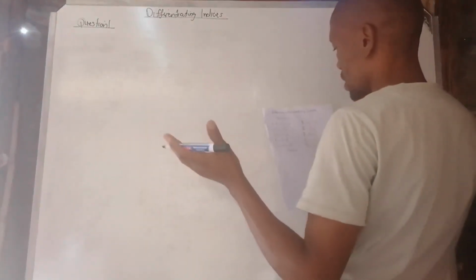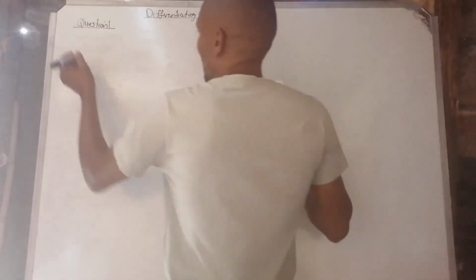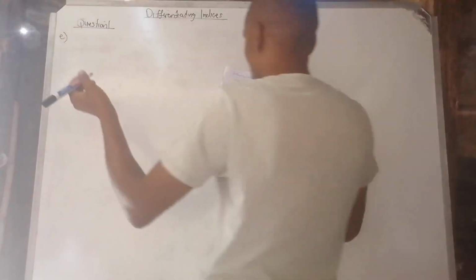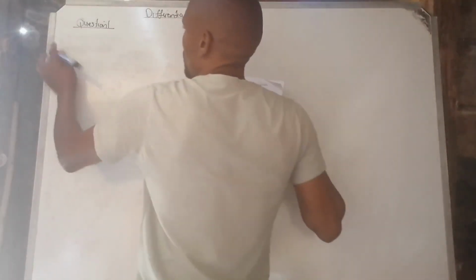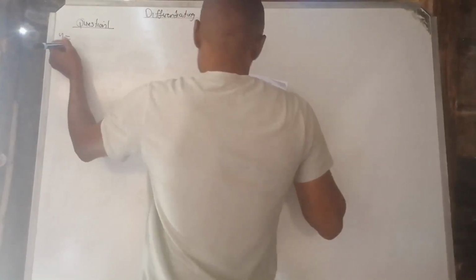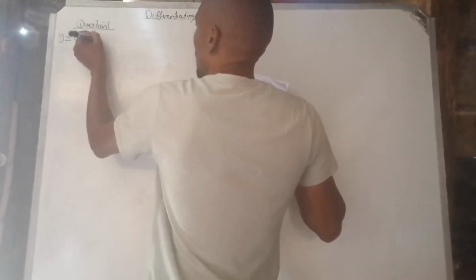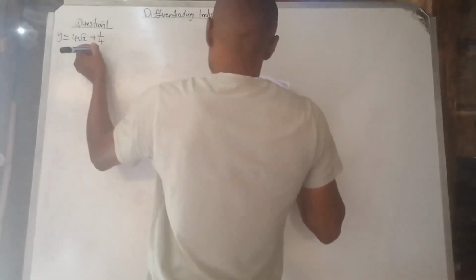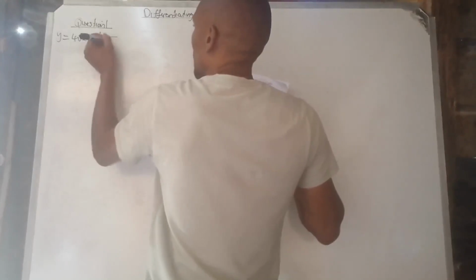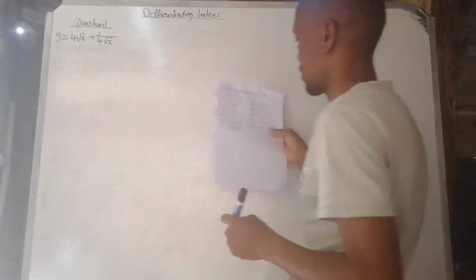These questions are a little bit the same. So let me just say y equals 4 root x plus 1 1/4 over root x. These problems are a little bit different, but each and every problem prepares you for something important.